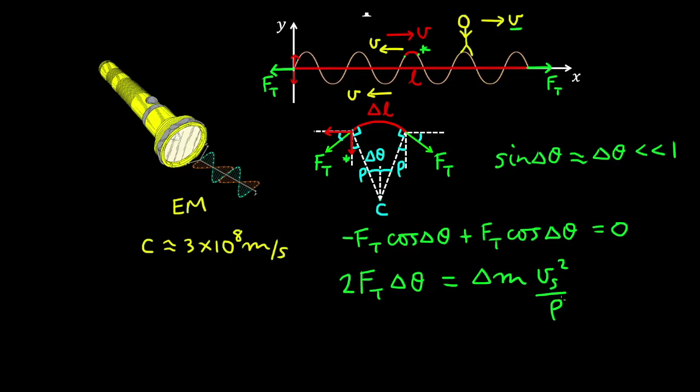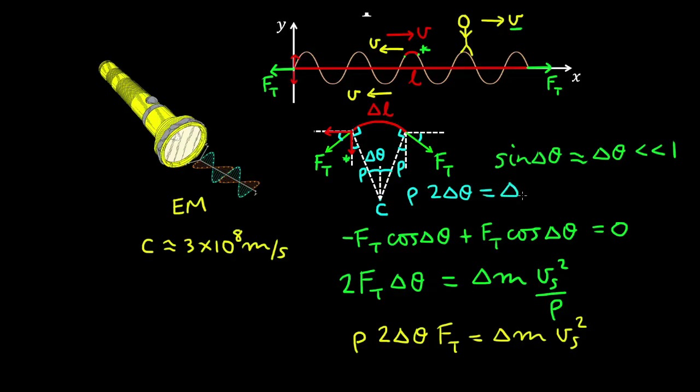Now if we multiply through by rho, we have rho by 2 delta theta by the tension force in the string is equal to delta m by the wave speed squared. And by geometry, we can see that rho by 2 delta theta is equal to delta L, which is the arc length of the element of string.